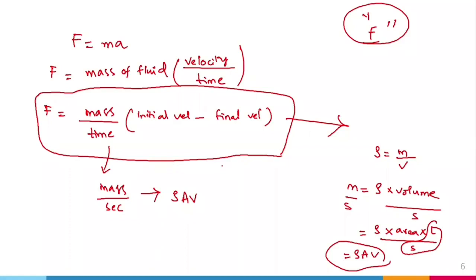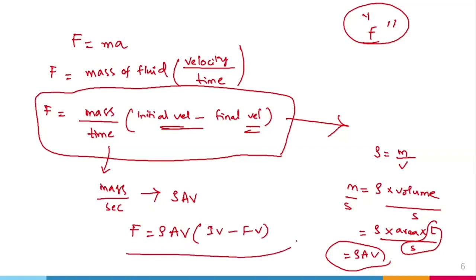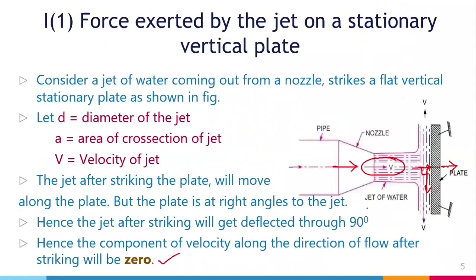One shortcut I can tell you: for all the derivations, we are ultimately going to calculate the value of F. So you can write F is equal to rho AV into initial velocity minus final velocity. That's all. At least remember this one formula. Rho AV would be common for all stationary cases, and the initial and final velocities will change depending upon the plate condition. In our case, what is the initial velocity?